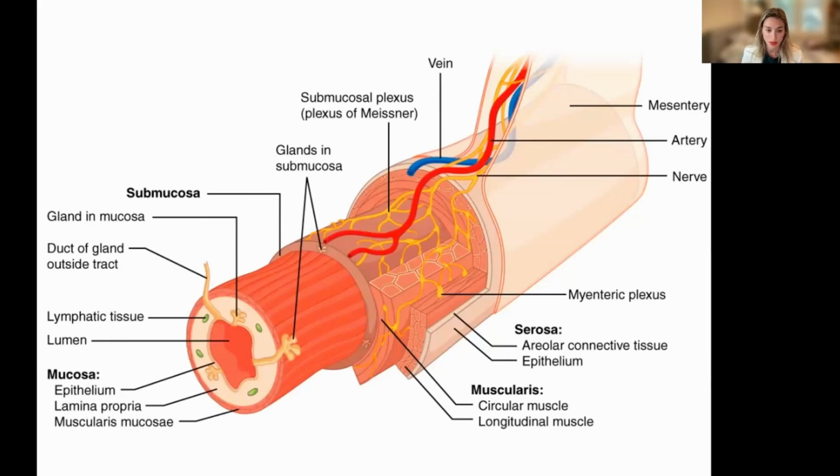So, for example, we can have amyloid deposition within the mucosa, the innermost lining or superficial layer of the intestinal lumen. This is the only layer that we can actually test for directly via sampling.